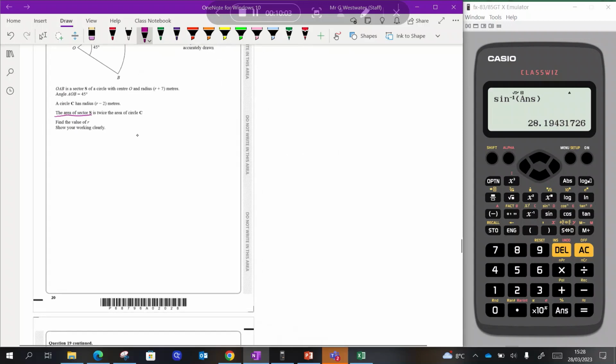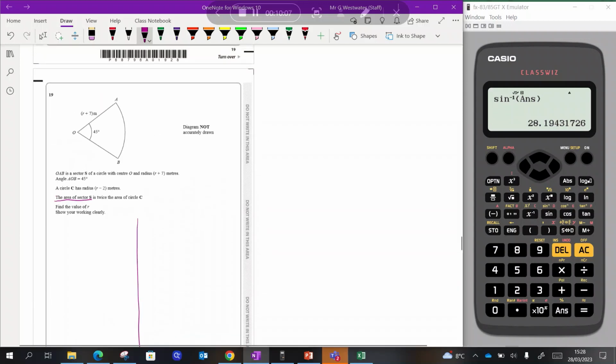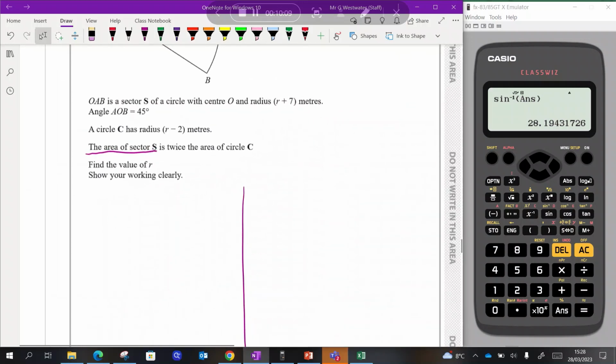So again, I'm going to draw a line down the middle just to give myself a little bit more space when I'm working all of this through. So the area of a sector is going to be the fraction of the overall circle. So 45 out of 360 times what would be the area of the whole circle.